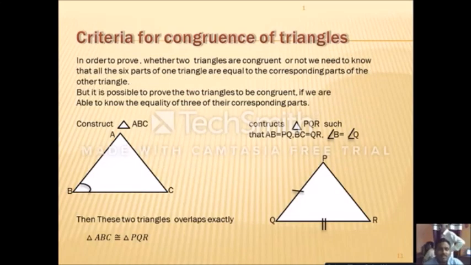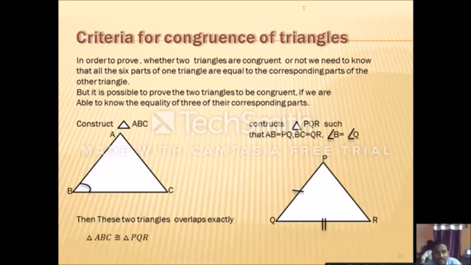Now, criteria for congruence of triangles. When two triangles are congruent, we have seen that all six elements of one triangle are congruent to the corresponding elements of the other triangle.